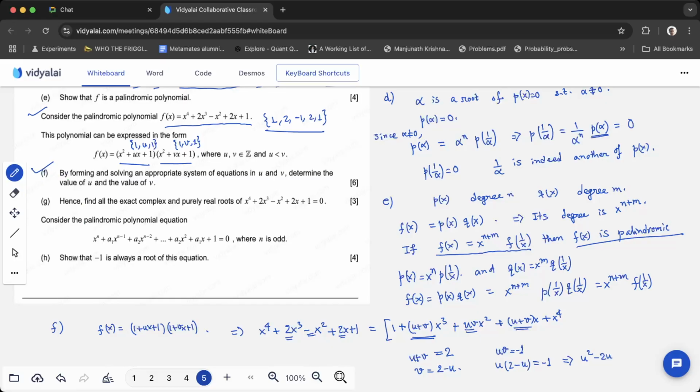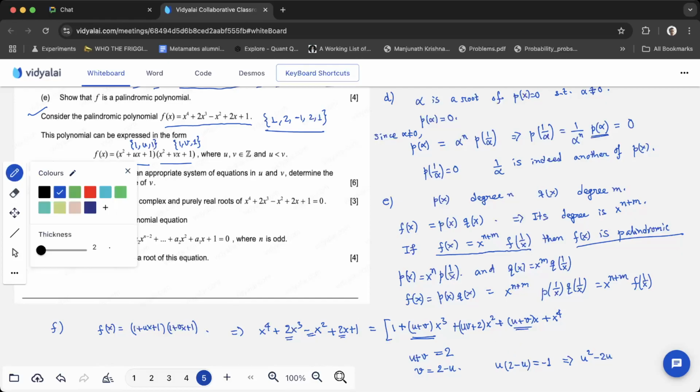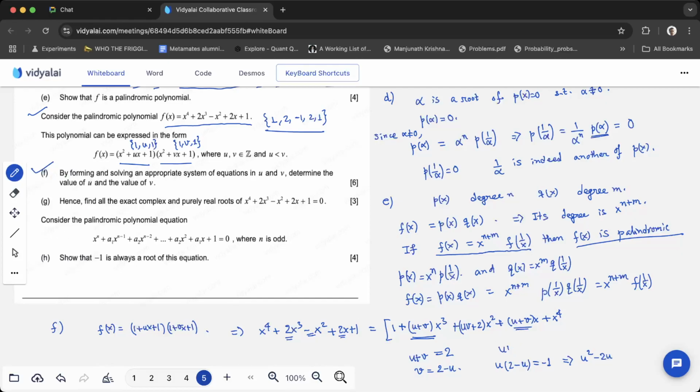This coefficient of x squared is not uv times x squared. It's actually uv plus 2, times x squared. Hence, this equation changes to uv plus 2 equals -1, or uv equals -3.